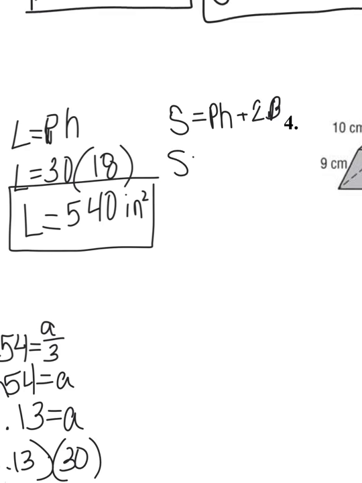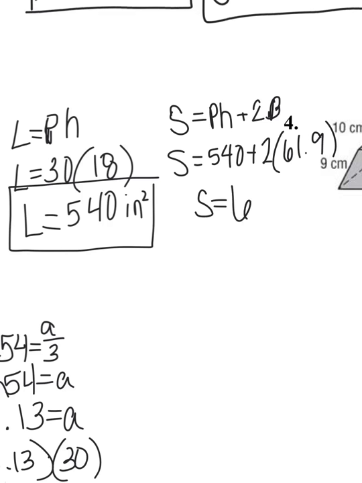So total surface area is 540 plus 2 times 61.9. Total surface area is 663.8 inches squared.